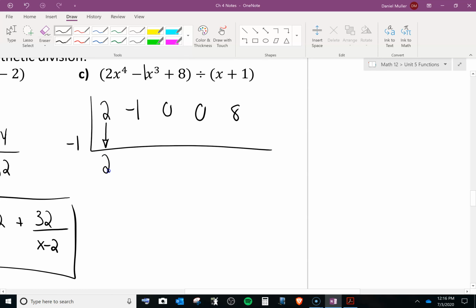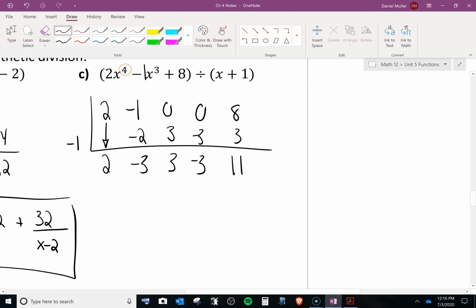So start by writing down the 2. Multiply the diagonals, -2, and then you can add those to be -3. Multiply your diagonals, which is +3. You can add them, 3. Multiply your diagonals, which is -3. Add them, -3. Multiply your diagonals, -3, which is +3. Add them, and you get 11.